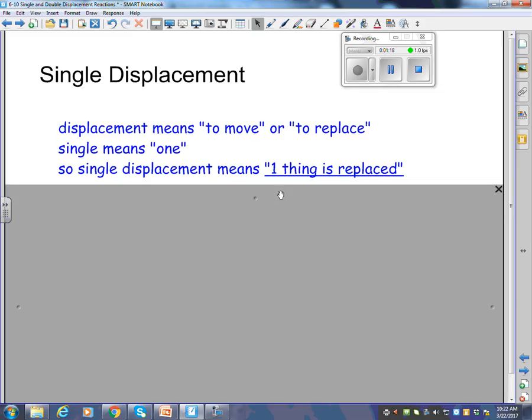So single displacement means one thing is replaced. All right, all good?